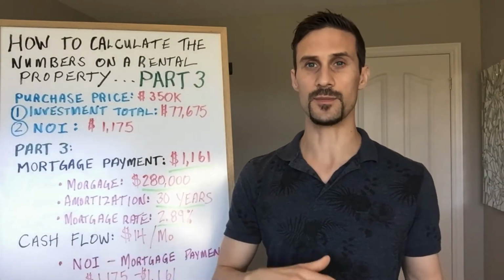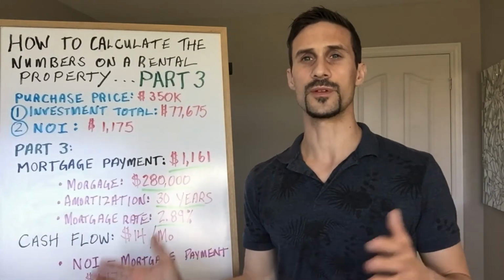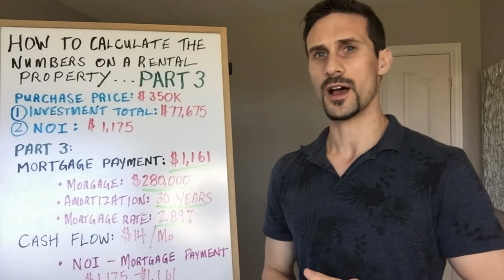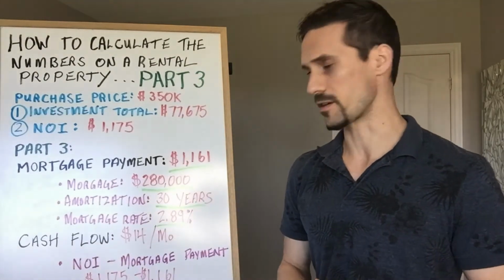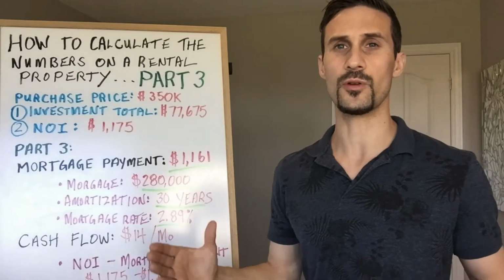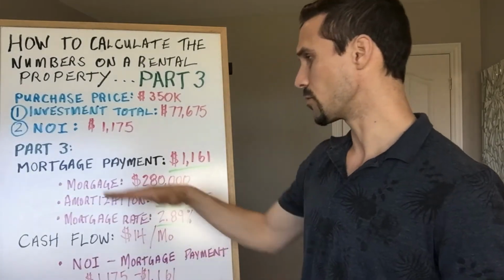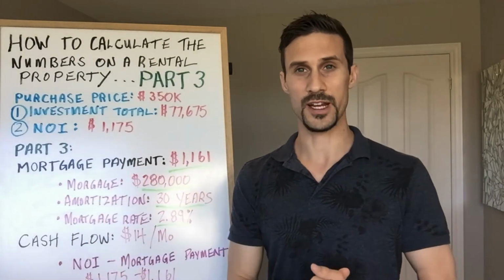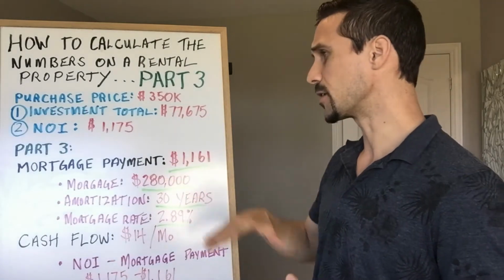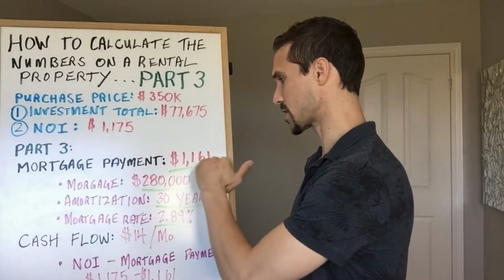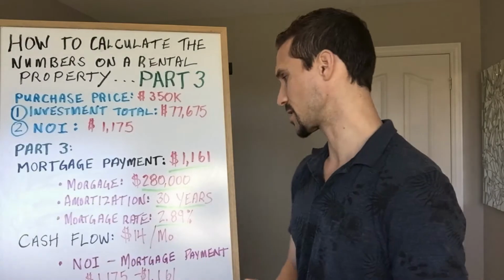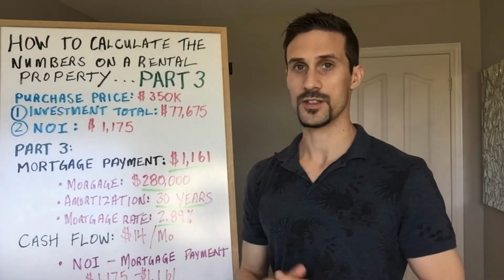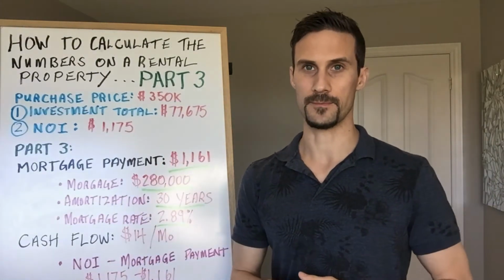Now I know you can get some a little bit higher and a little bit lower, but depending on who you go to, your interest rate will vary, but in this case I use 2.89%. When you factor all these in and you go to the RateHub site, it'll come out to a conclusion that the mortgage payment is $1,161.